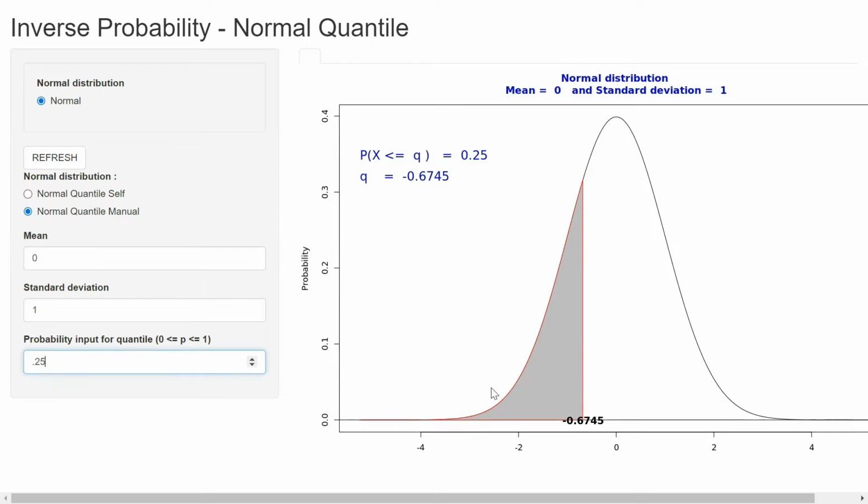The first quartile value, negative 0.6745, is printed on the display. Next, change this value 0.25 to 0.75 and note that the third quartile 0.6745 is on the display panel. This is how we can find quartiles of standard normal distribution using my website.